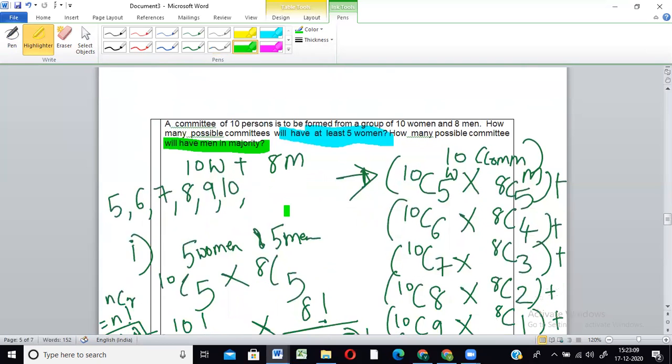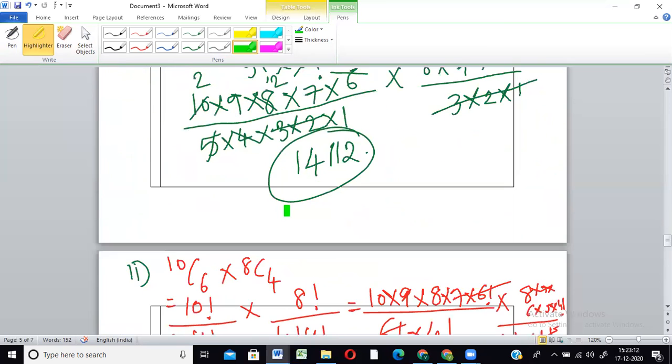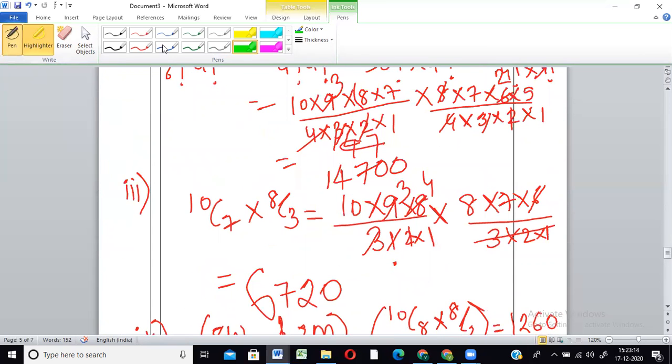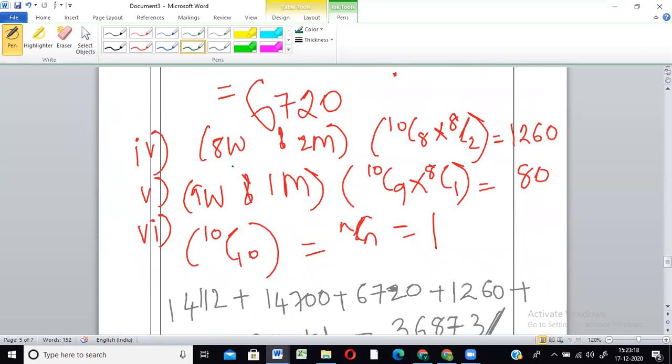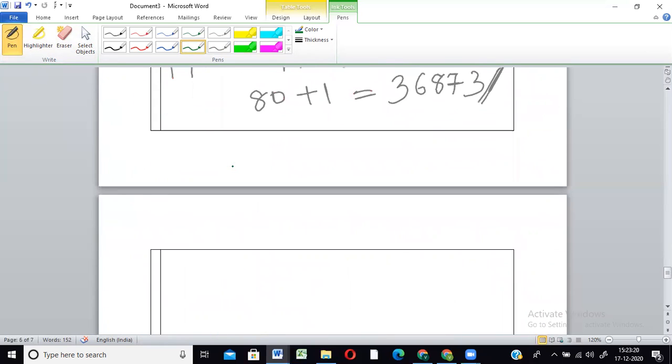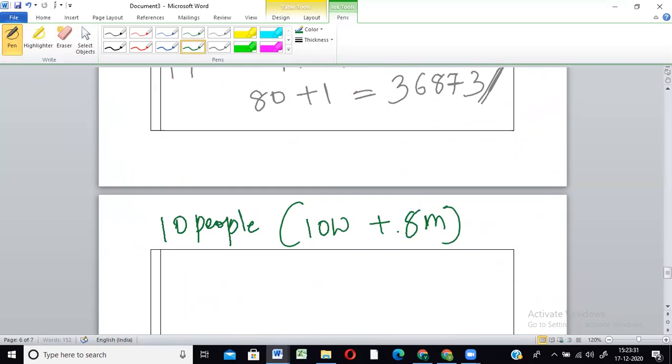What do you mean by men in majority? First, we have to make a committee of 10 people from 10 women and 8 men, right?